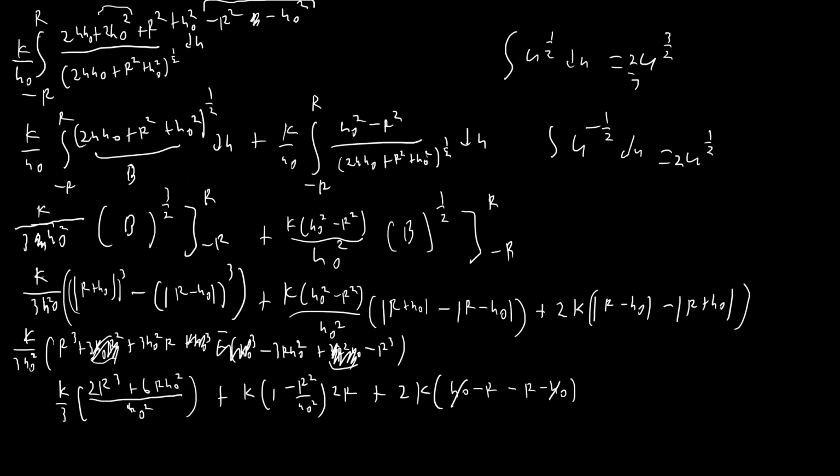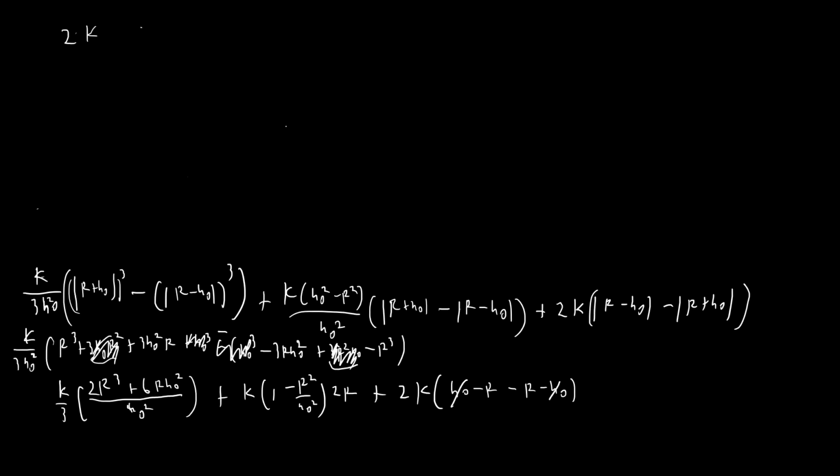So if we expand everything out, 2k over 3 r cubed over h0 squared plus 2kr, plus 2kr, minus 2k r cubed over h0 squared, minus 4kr.